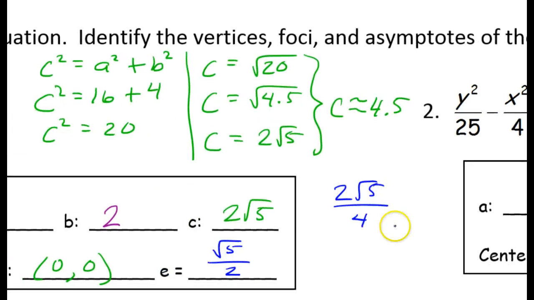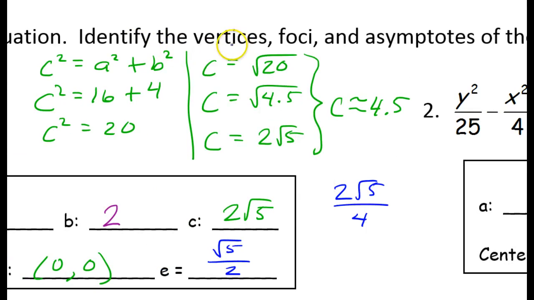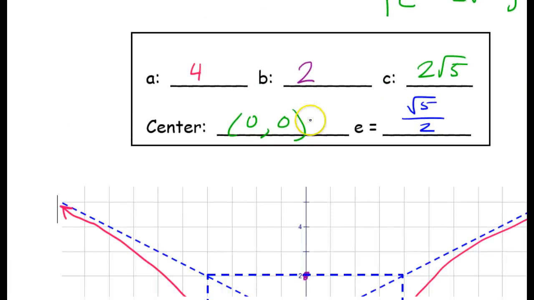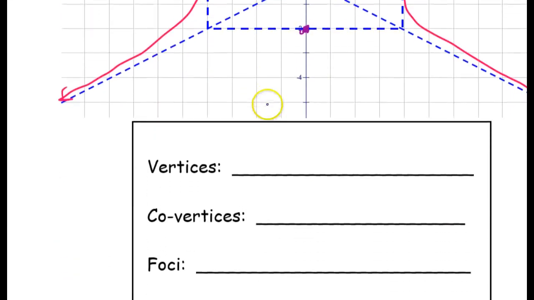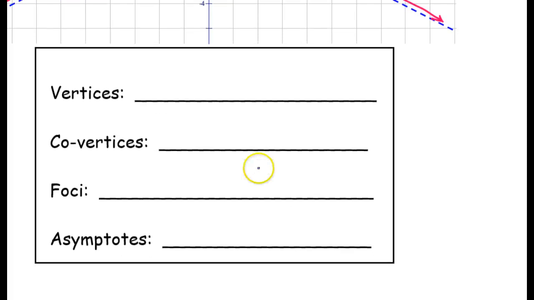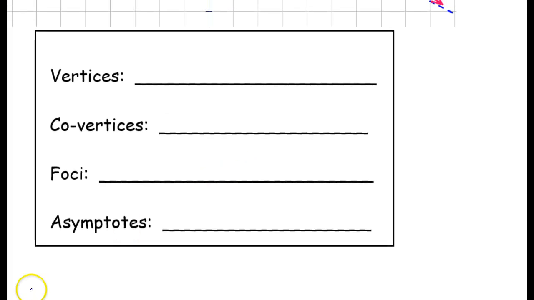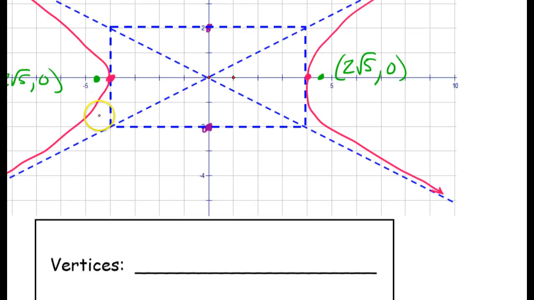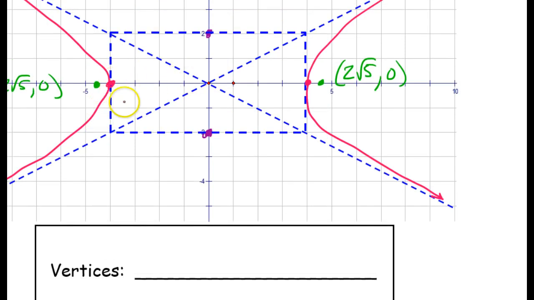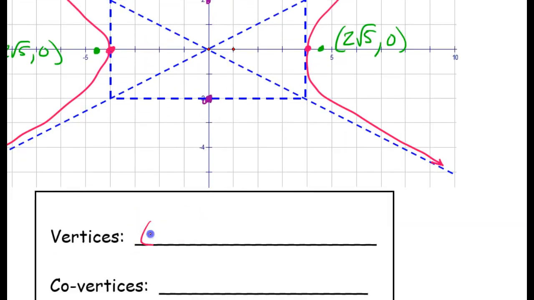Okay, so it does say identify the vertices, the foci, and the asymptotes, but then they just don't list them in the box. Oh, it's down here. Okay, so the vertices are negative 4, 0, and 4, 0.